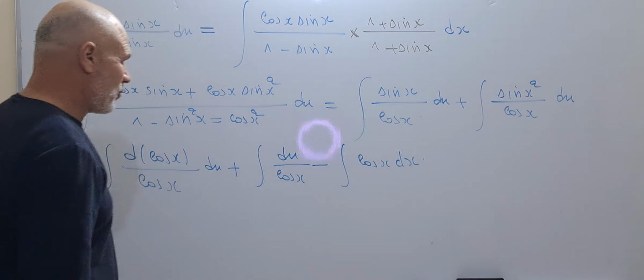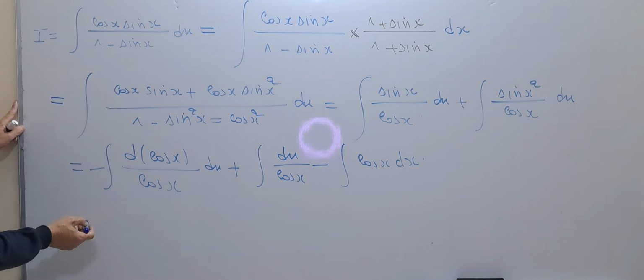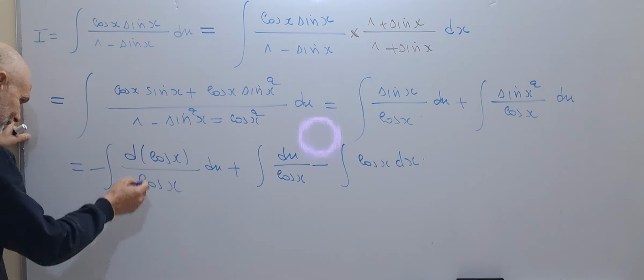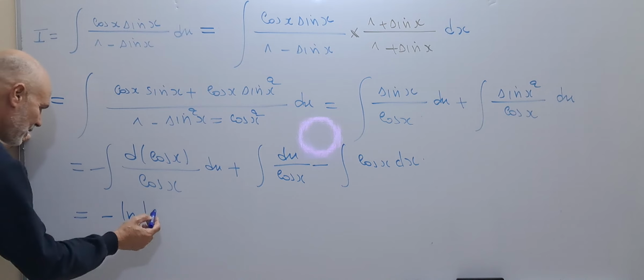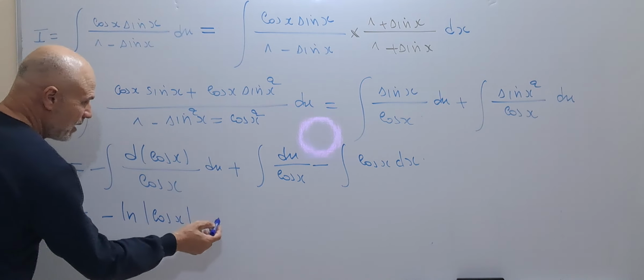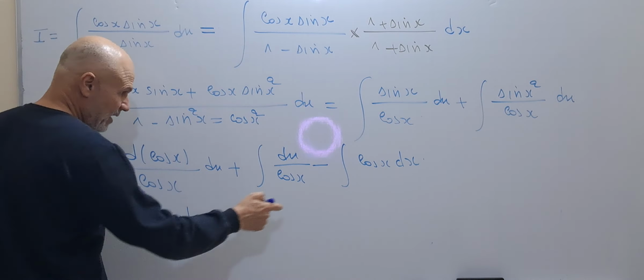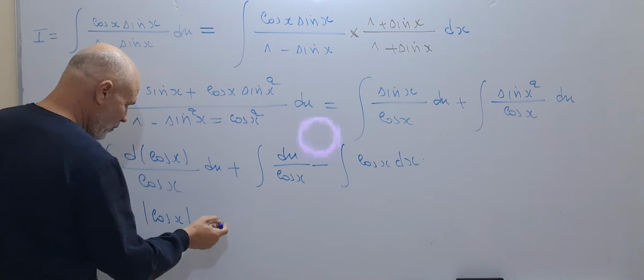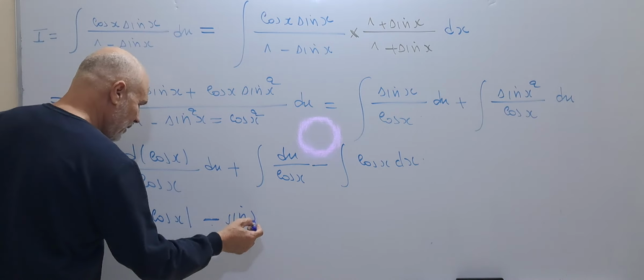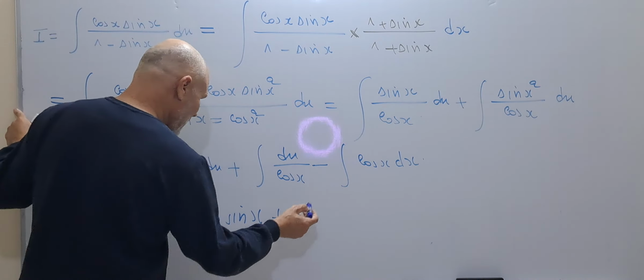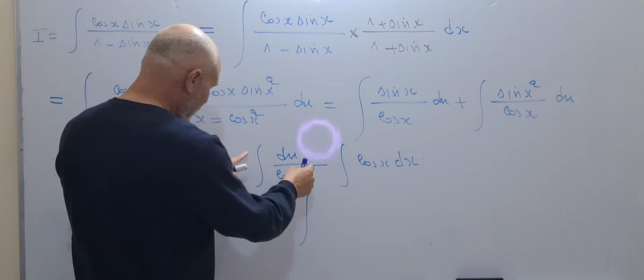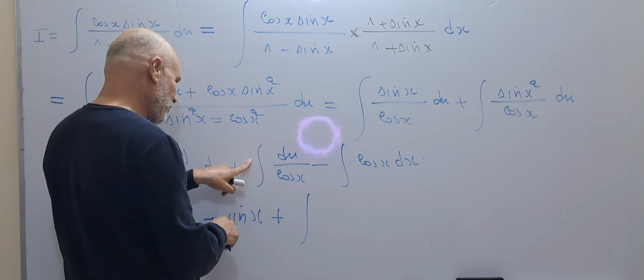So for the first one, this is minus ln cosine x, minus sine x for the last one, plus it remained this one. This is the last one.